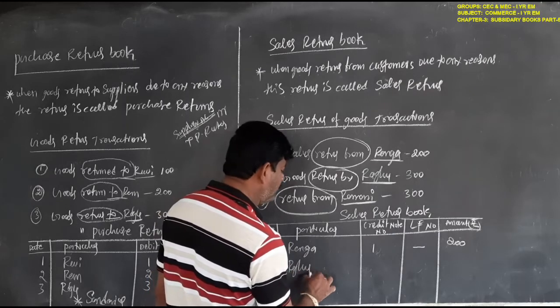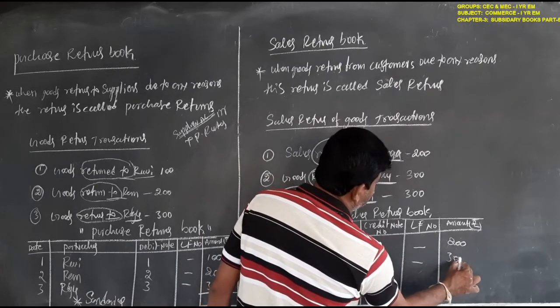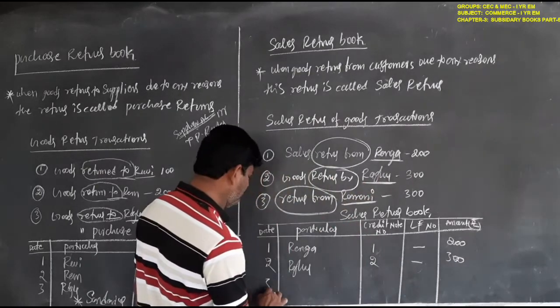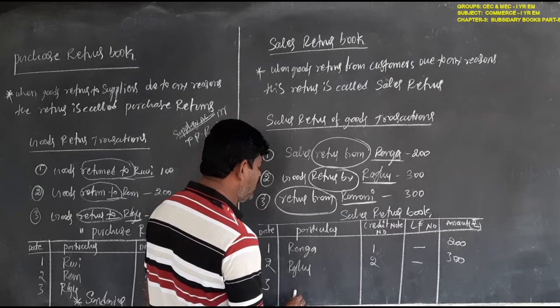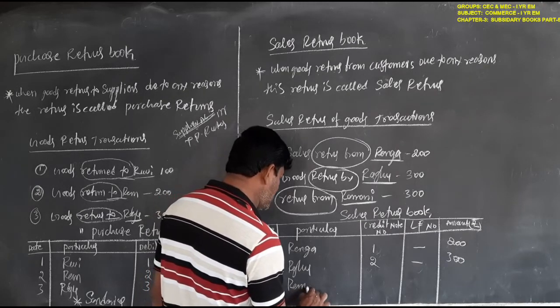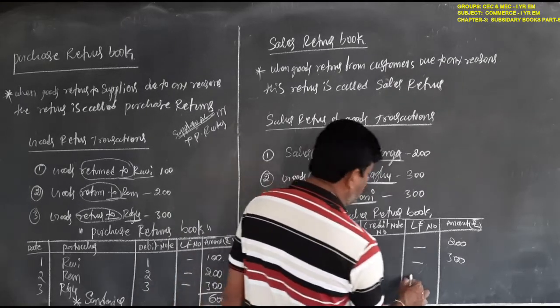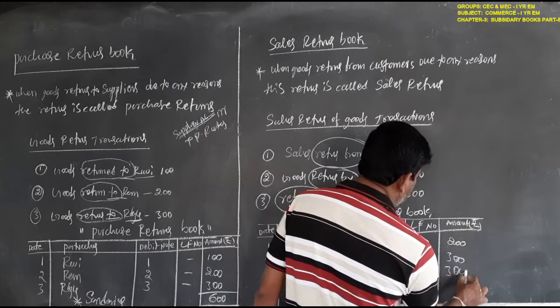So Raghu, credit note number 2, amount is 300 rupees. Next, goods returned from Ramani. So this is also called sales returns. Credit note number 3, amount is 300 rupees.